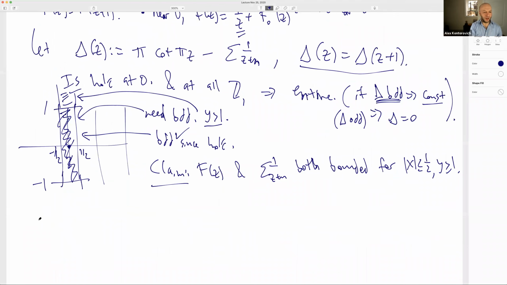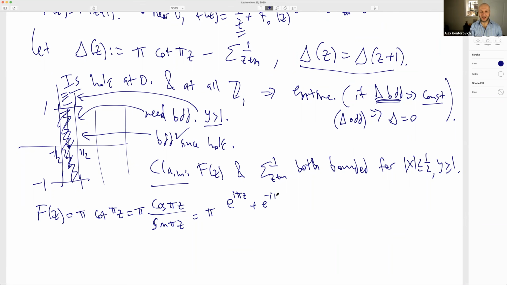Okay, so again, f of z, this is pi cotan of pi z, which I'm getting a little ahead of myself trying to write this as something over something. Cosine is e to the i whatever plus e to the minus i whatever over 2. I'll keep the 2 for a second.